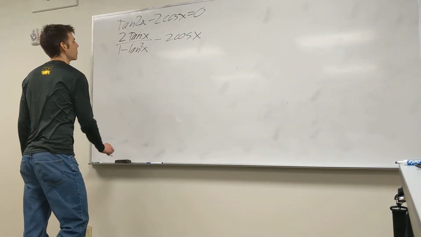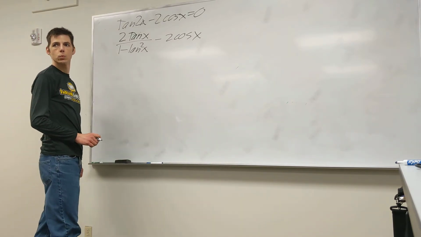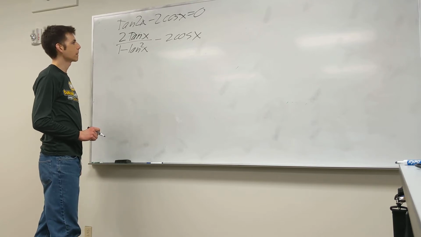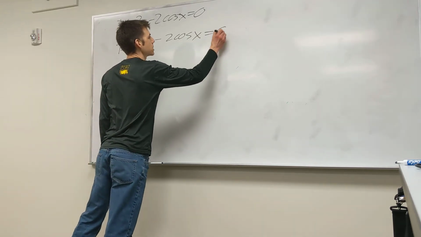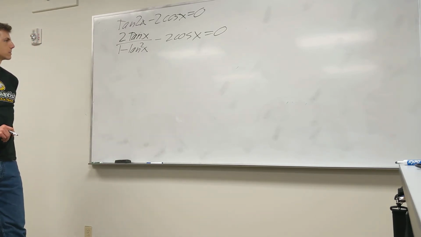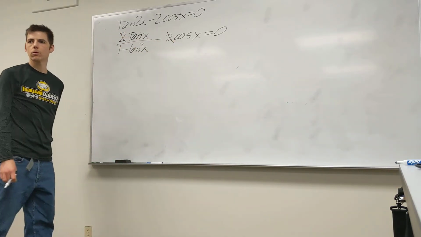Okay. What's the next step? Here we're solving for x, right? So I divide by 2, maybe? Get rid of the 2.